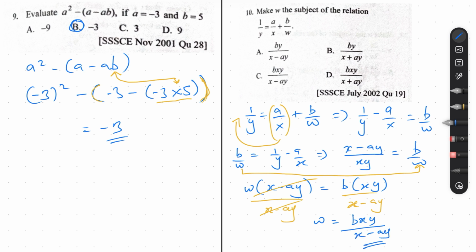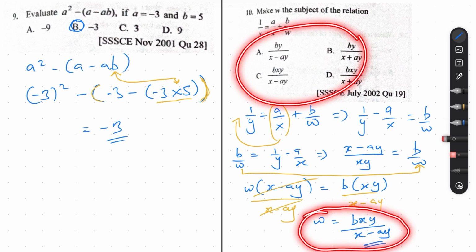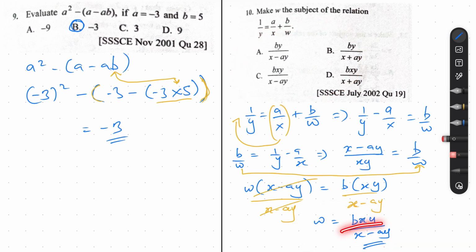So this is our answer. Cool. Now do we have it in here? We have bxy over x minus ay. So here it is. So our answer is C.